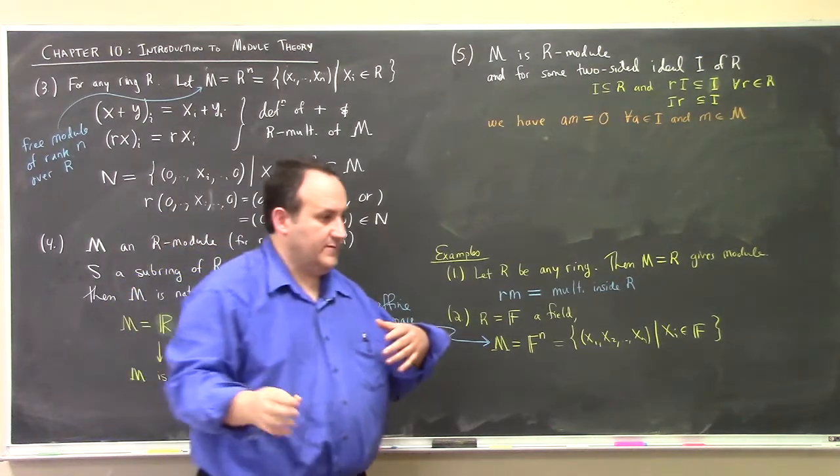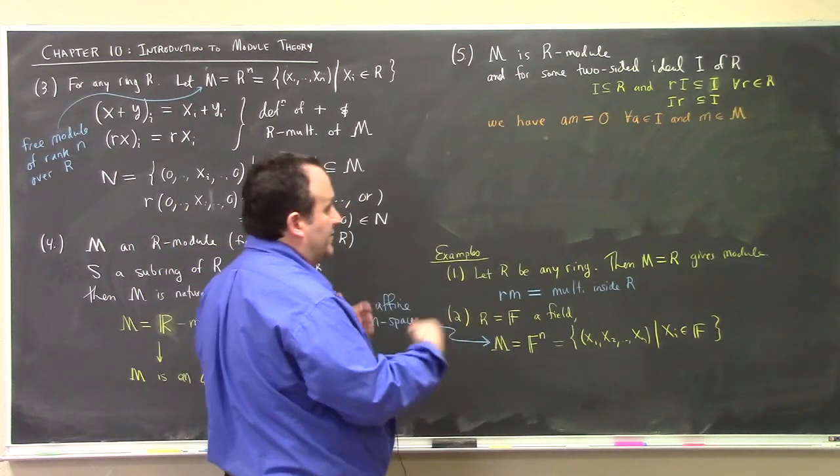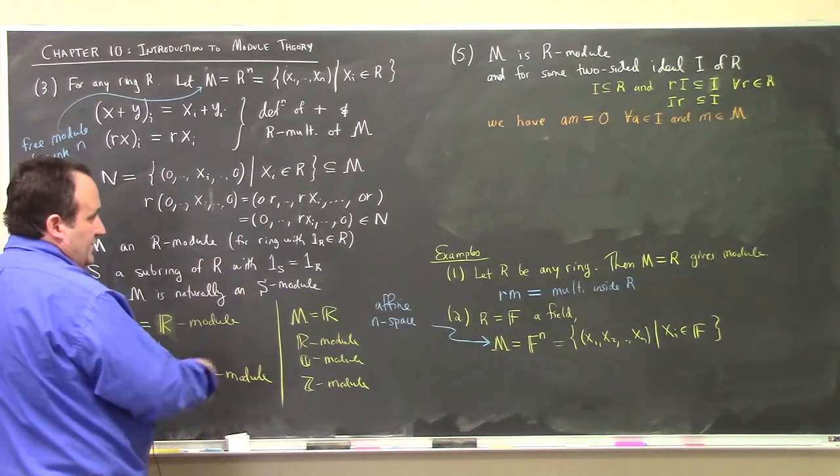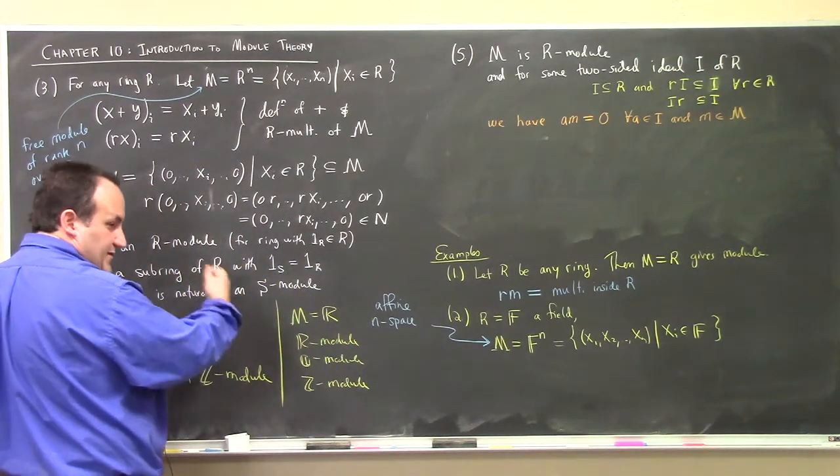Well, this you can then use to create a corresponding module. Our last example was talking about, given a module, you have subrings, you can form submodules with respect to the subrings.